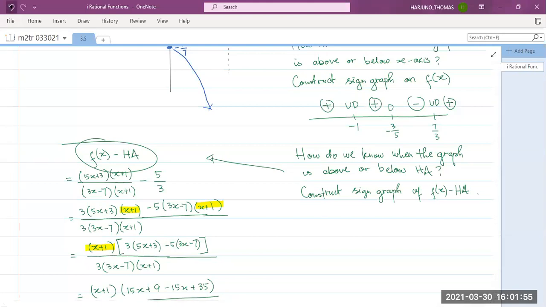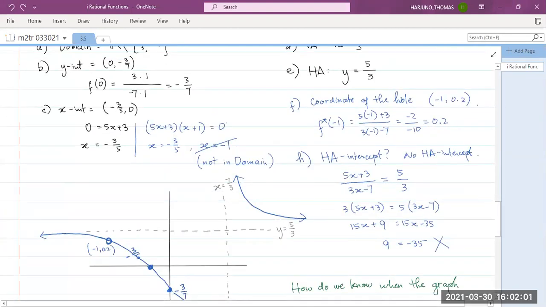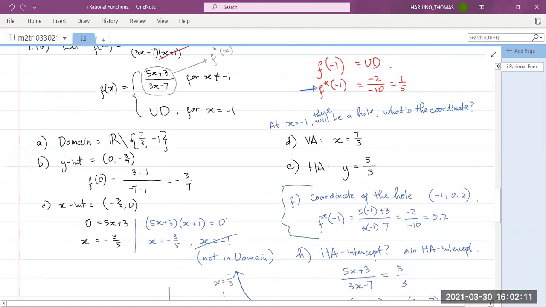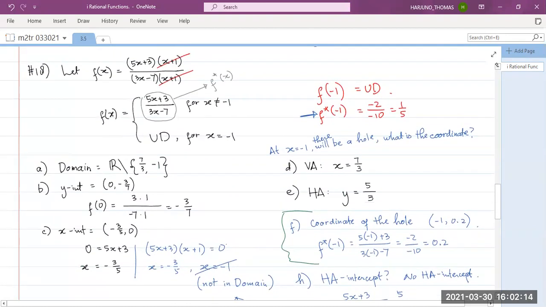Okay, and in between, we also learned how to find the coordinate of the hole. You plug in the x that you are not allowed to put into the original function, but you are allowed to put into the simplified function. That's how we get the coordinate of the hole.